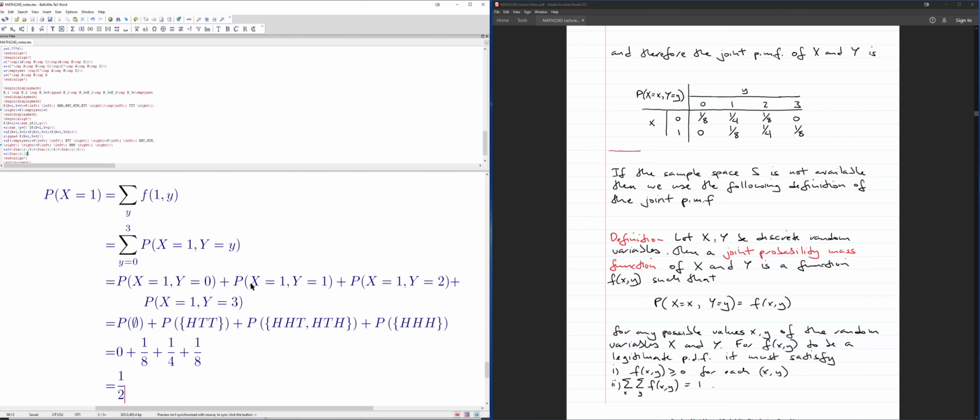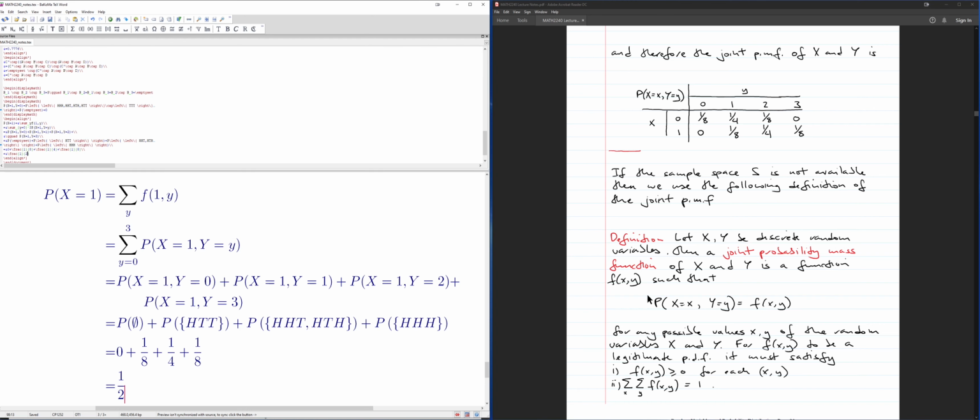Okay, so in the notes, I can write your joint PMF as the probability X is equal to x, Y is equal to y, or I can write it as a function f of x, y. So the probability big X is equal to 1, Y is equal to y, I can just write as small f of 1, y. This isn't hugely important, it's really just a little bit of notation.